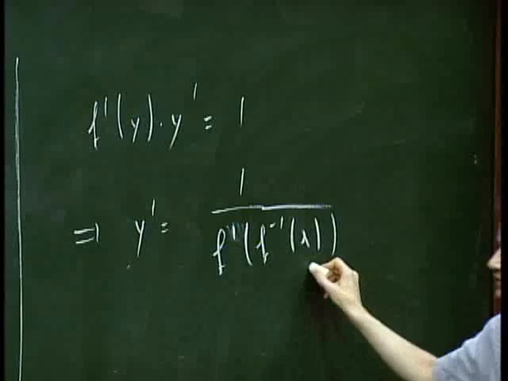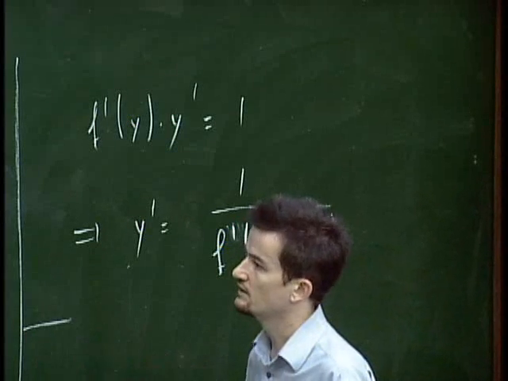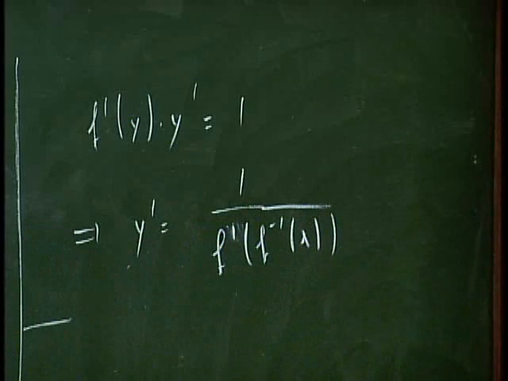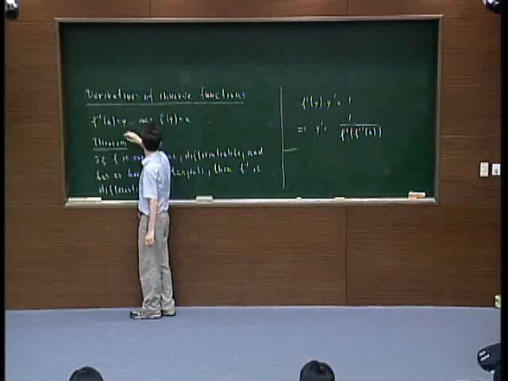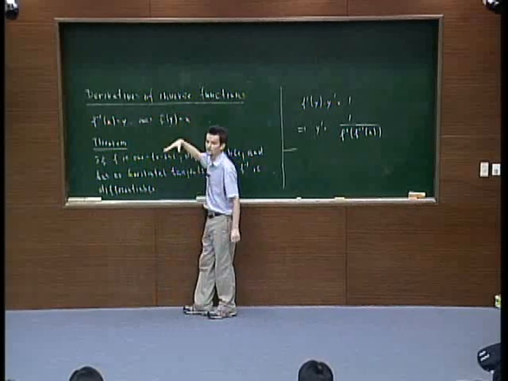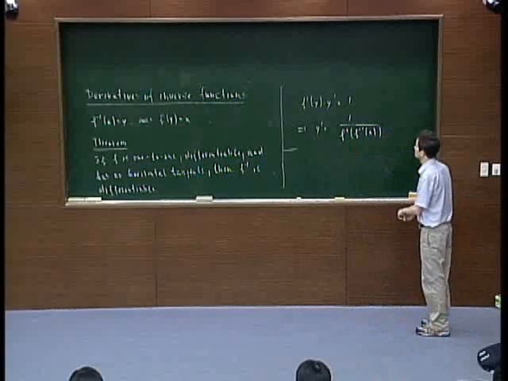This is the formula for how you compute the derivative of the inverse function. So actually what you do is you just write the inverse function in terms of the original function, and then you use the method of implicit differentiation in order to find the derivative.